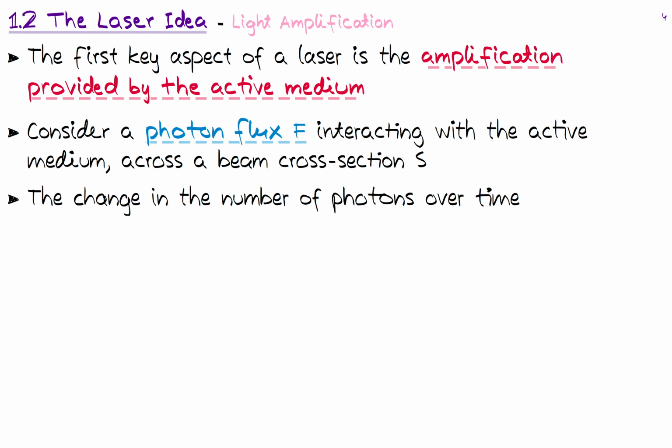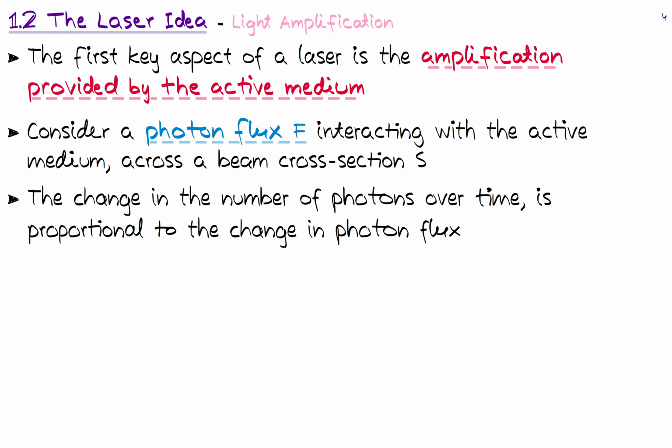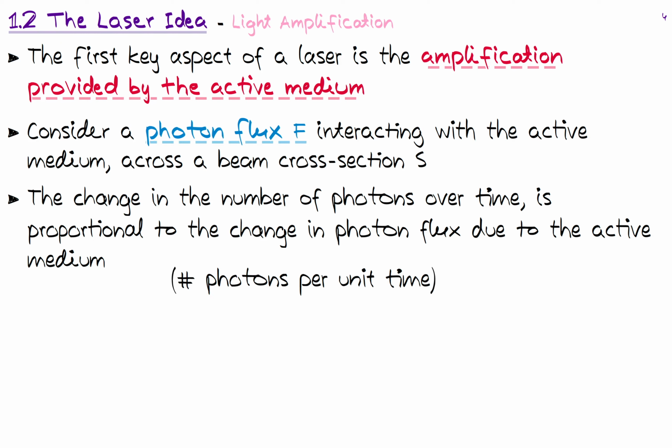Now let's look into the change of number of photons over time, and that will be proportional to the change of the photon flux F due to the active medium. Mathematically put, the number of photons per unit time is proportional to the beam cross-section S times a differential change of the photon flux dF.